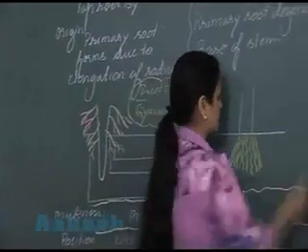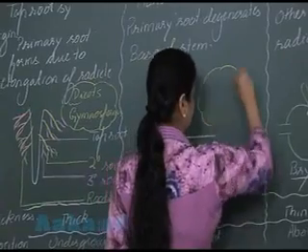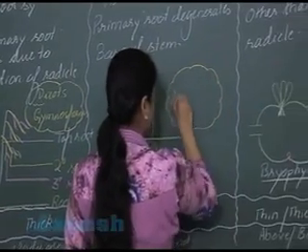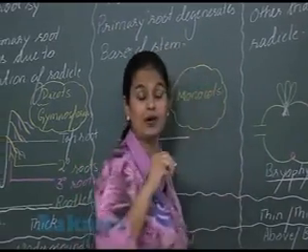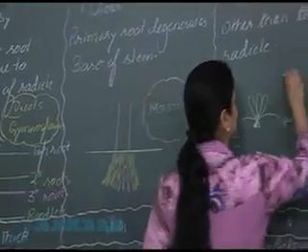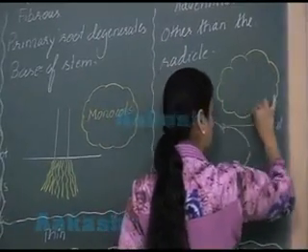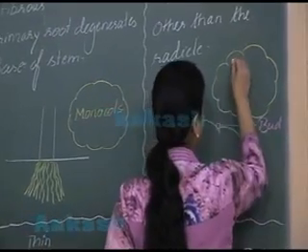The fibrous roots, they are present in the monocots. These are in the monocots. Now coming to the adventitious one, they can be present in dicot, monocot as well as pteridophytes.